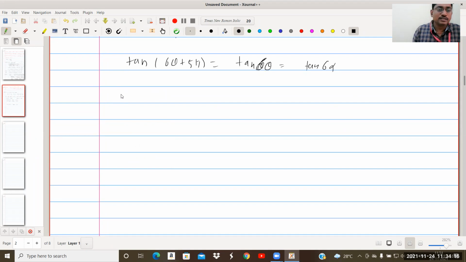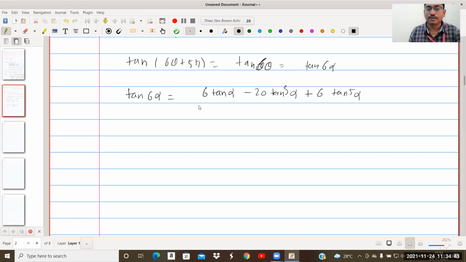Okay. Now in a similar way, if I write the expansion of tan 6 alpha, I'll write from here. We already found tan 6 theta. So what is that? It is 6 tan alpha minus 20 tan cube alpha, just alpha I am replacing by theta, plus 6 tan raised to 5 alpha.